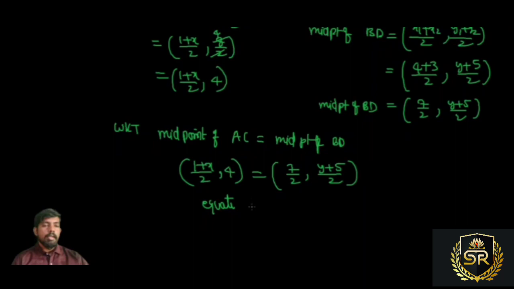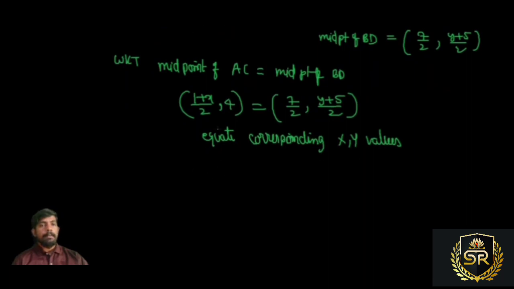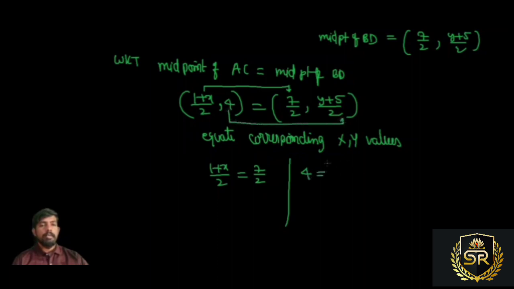Equate the corresponding x and y values. So (1 plus x) by 2 equals 7 by 2. Next, 4 equals (y plus 5) by 2.